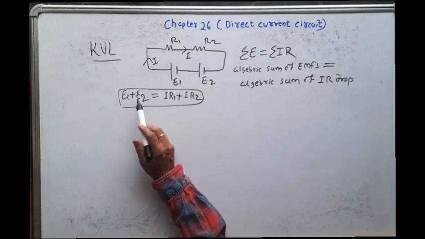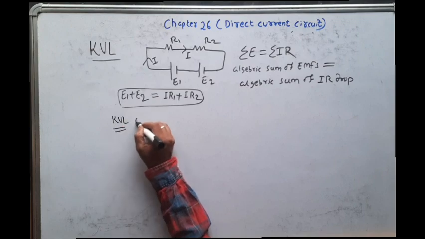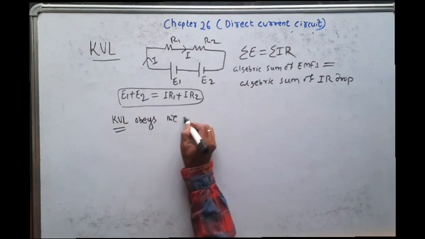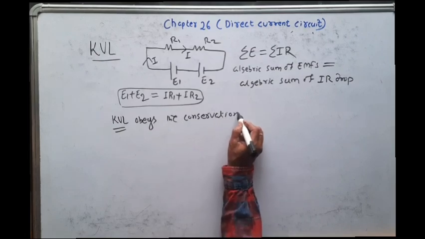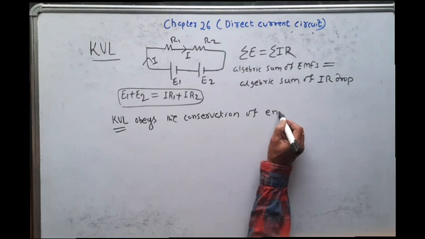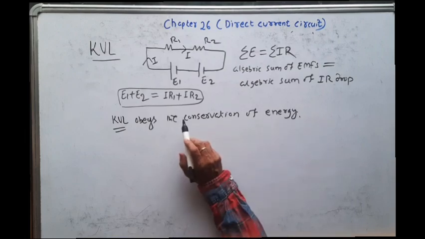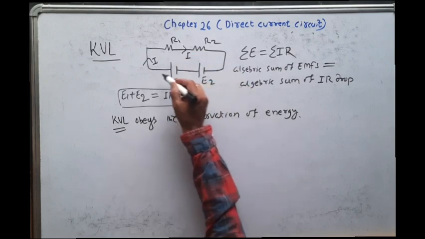So this is your KVL, and you know KVL obeys which law? KVL obeys the conservation of energy. Because energy is equal to power into time, and power is equal to V into I in a closed circuit.